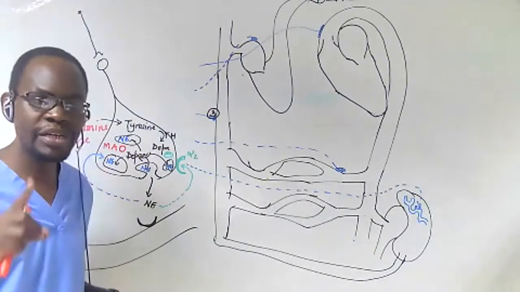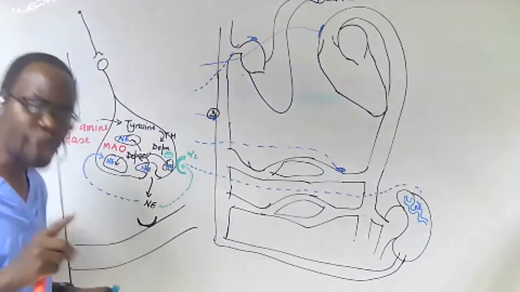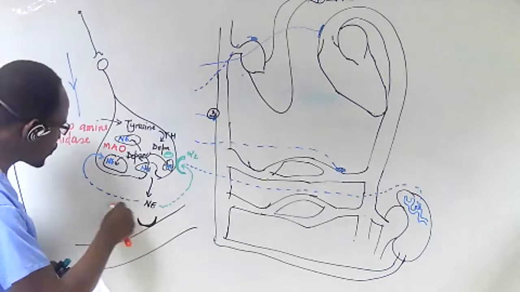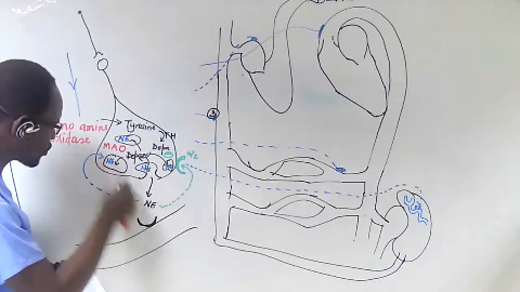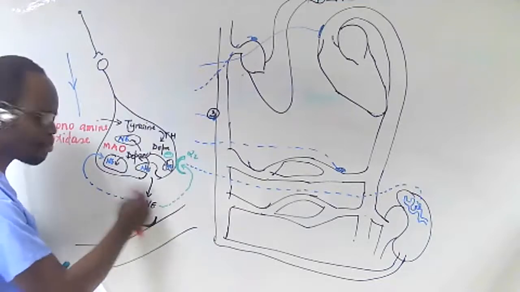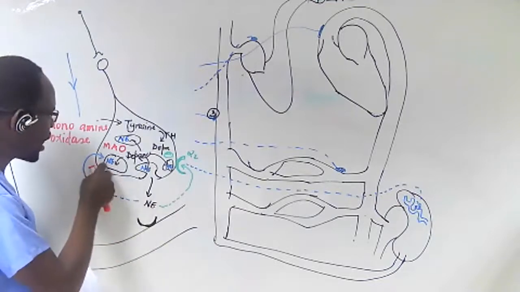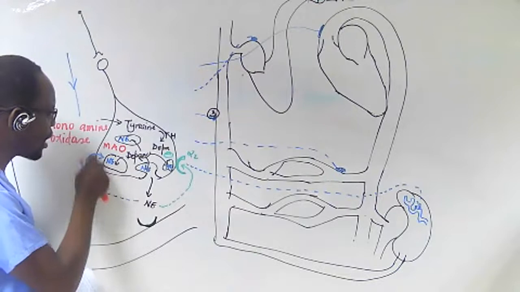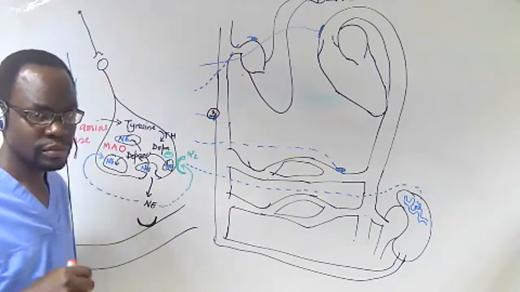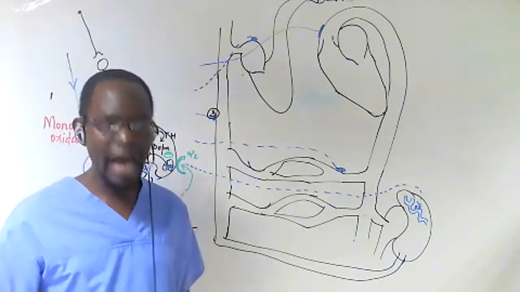I want to repeat: there are some drugs that, when they are given, go through this process. They are pumped from this point into the nerve ending, and eventually into the vesicles.